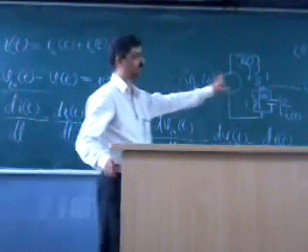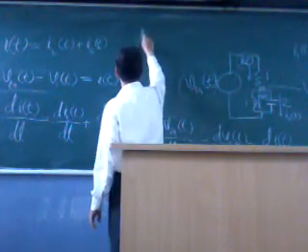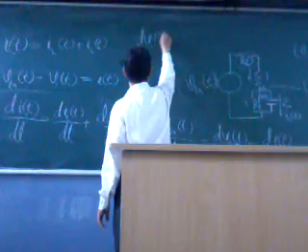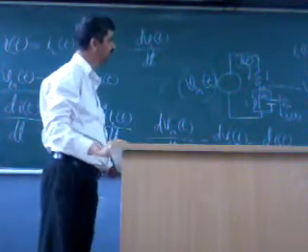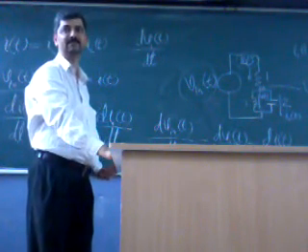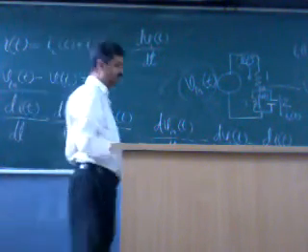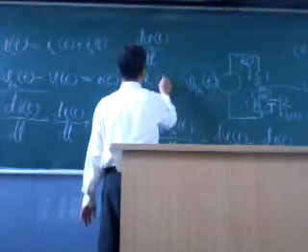And V1 is the voltage across the inductor and the voltage across the capacitor, which must be the same. V1 must be the same. So what is dV1(t) by dt? What would it be for the capacitor? I_C(t) by 2.